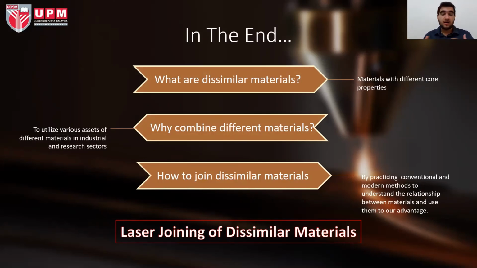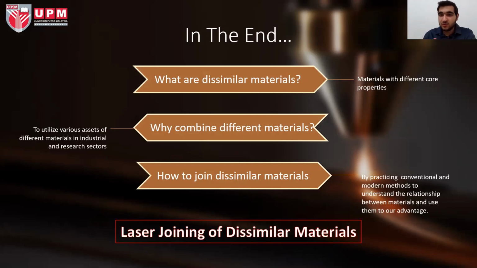They pose a lot of advantages for us. And then finally, we talked about how to join dissimilar materials, by practicing both conventional and modern methods so that we can understand the relationship between these two materials, and to understand what happens when we use laser joining. All of this leading up to the laser joining of dissimilar materials.